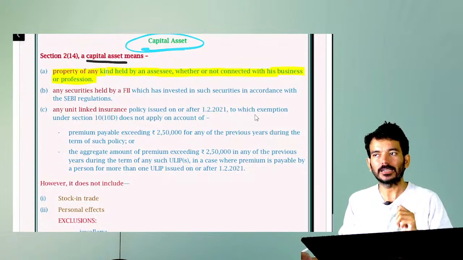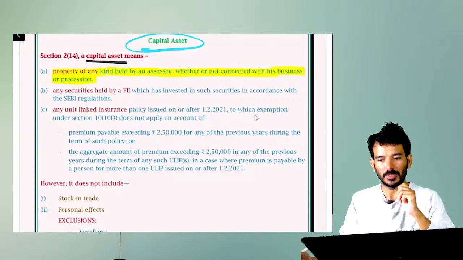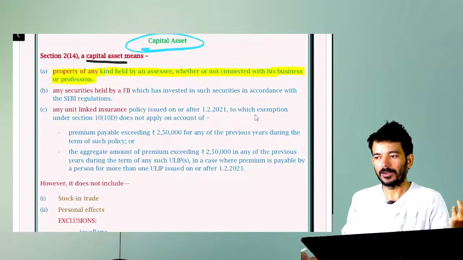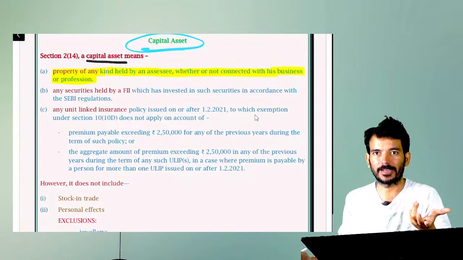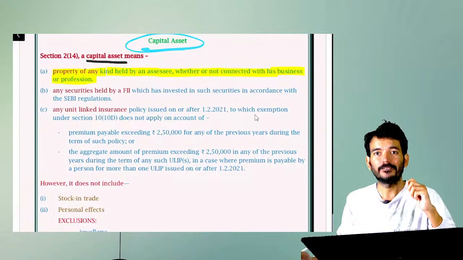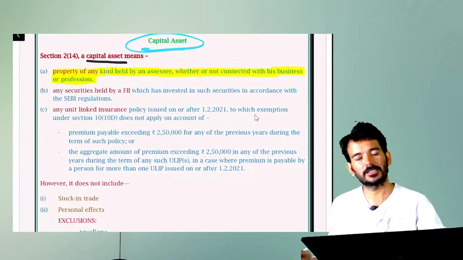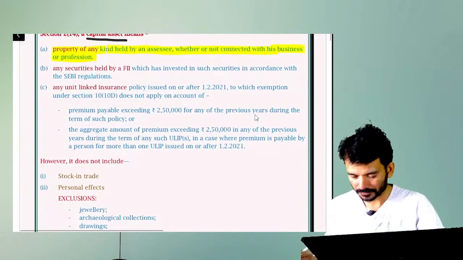So capital asset doesn't mean only for a business person, even for an individual also. Maybe in your personal life you might be selling some land or building and purchasing another, so you will be subject to capital gain tax. That is why they are saying whether or not connected with your business. Even though it is not connected with your business, you can still say it is a capital asset if it meets the other definitions.